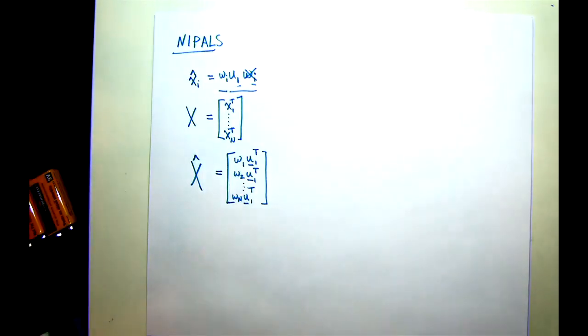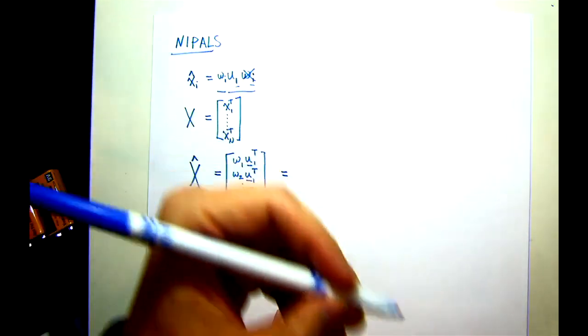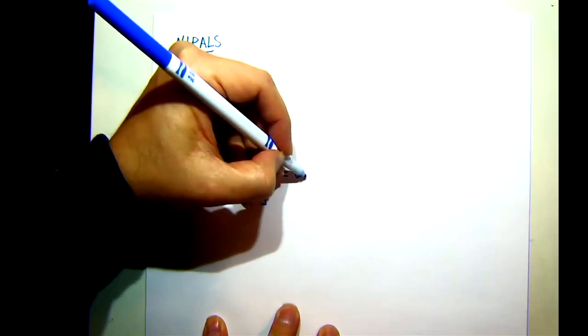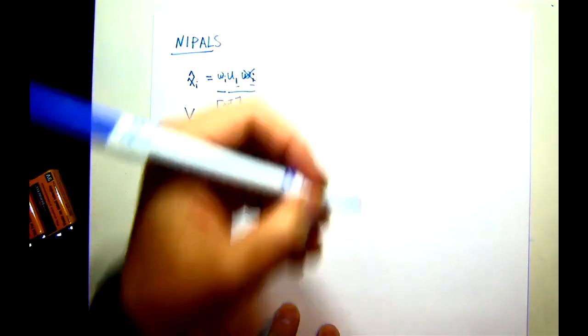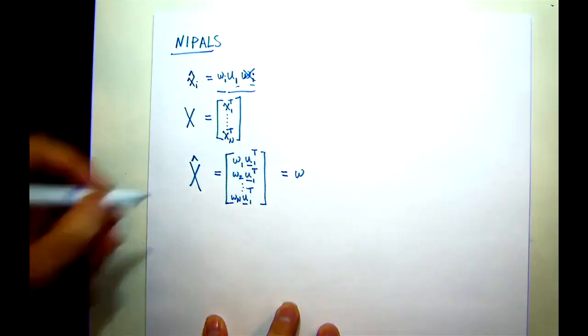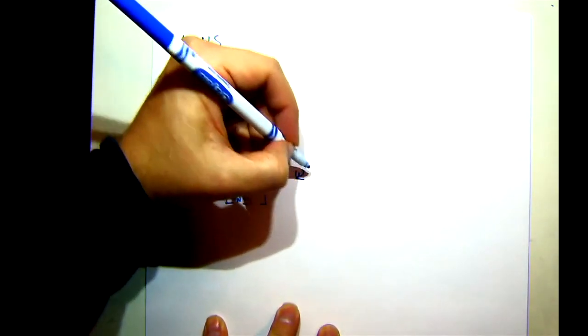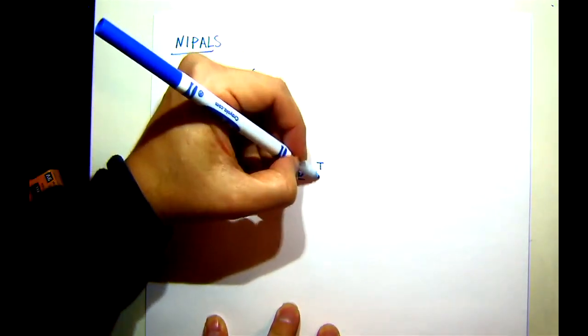And again, the W's are all scalars. We could do a little manipulation, and we can write this in vector notation as W times U transpose 1. I'm a little confused by my notes there.